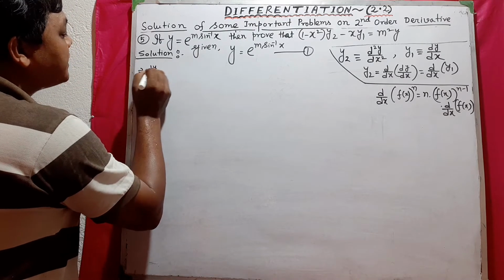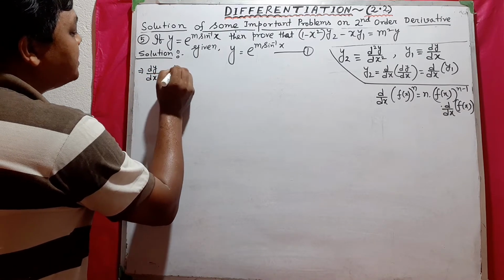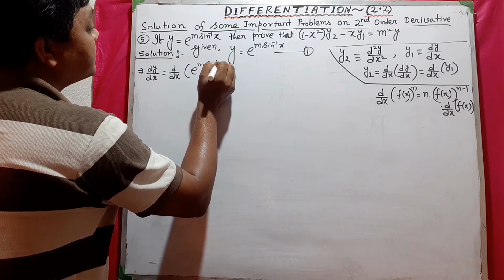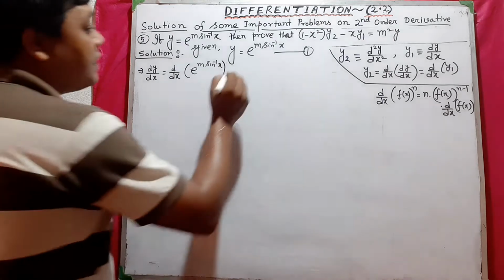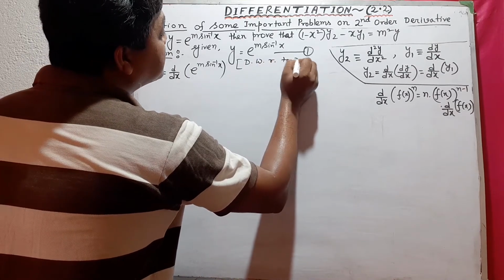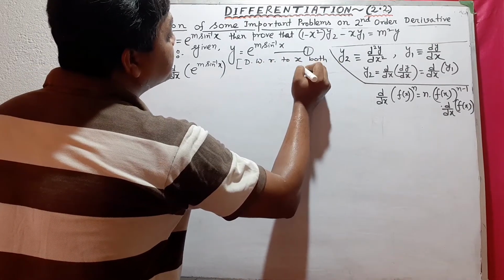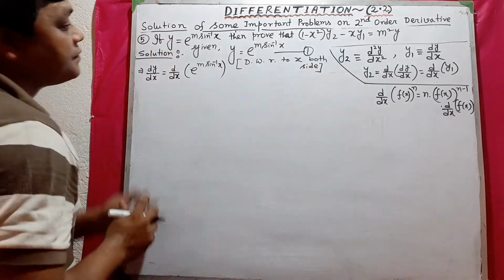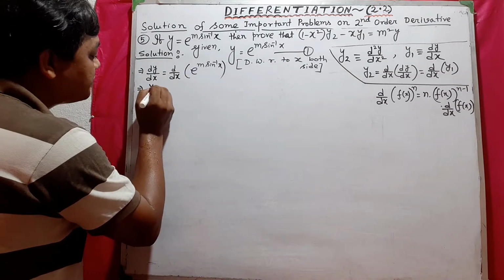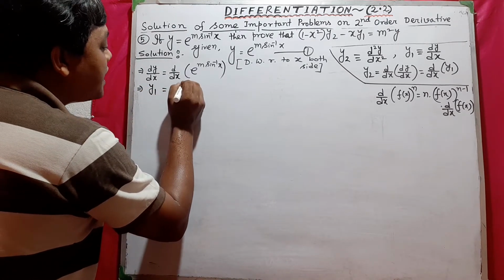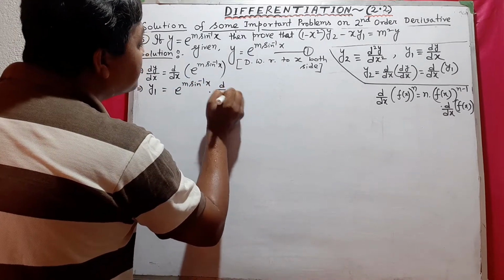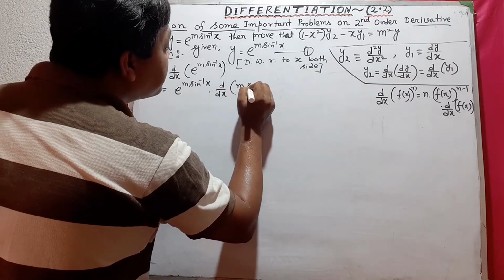So dy/dx equals d/dx of e to the power m sin inverse x. We have to differentiate with respect to x on both sides. So now this is y1, and e to the power m sin inverse x into d/dx of m sin inverse x.